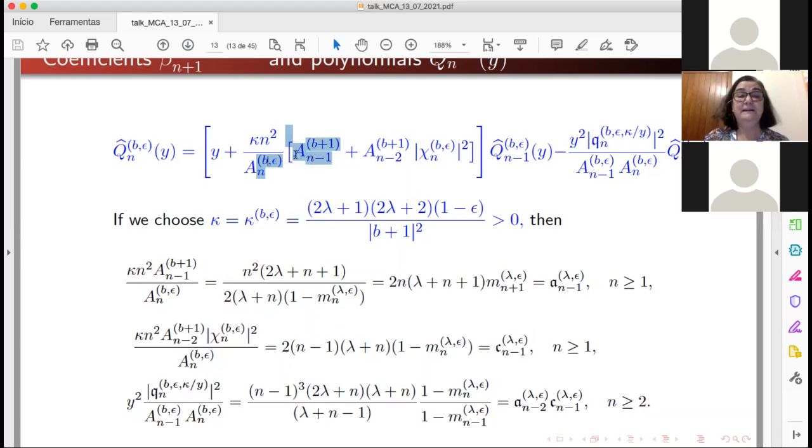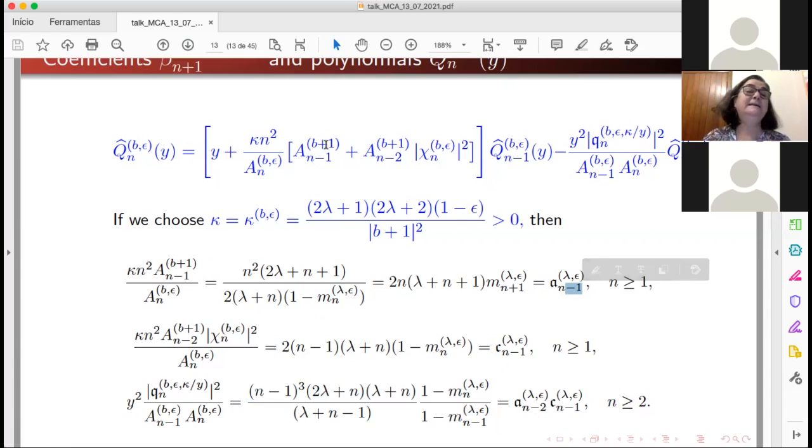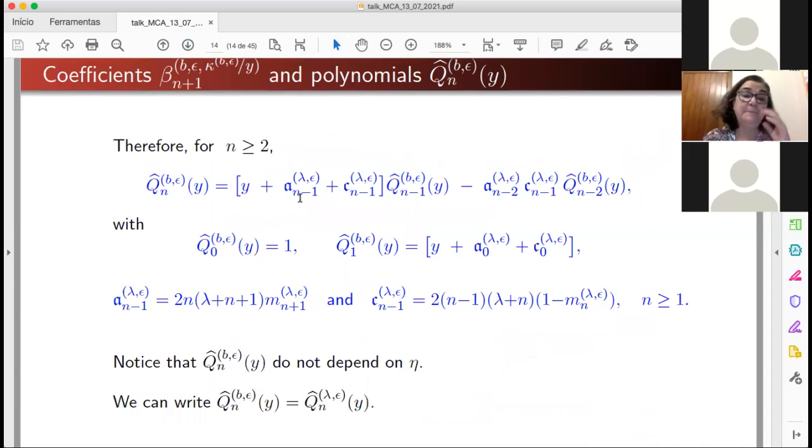Also, the multiplication of this by this, I wrote here, using all the information again. It's actually this that we are going to call the coefficient C n minus 1. And finally, this last one is this value, but actually it is A n minus 2 multiplied by C n minus 1.